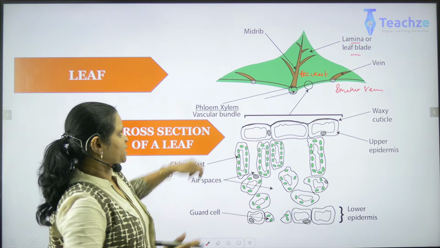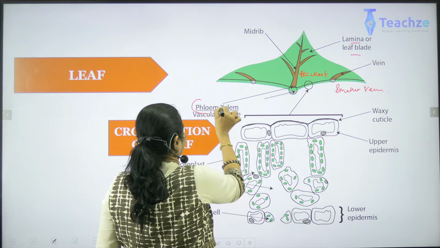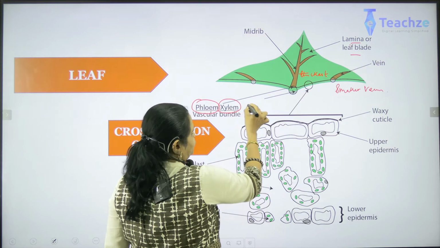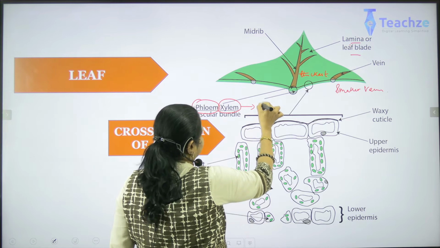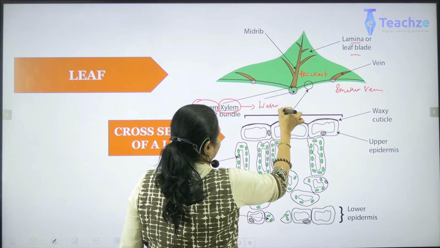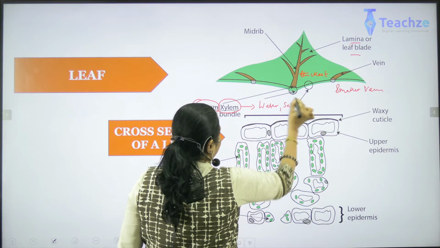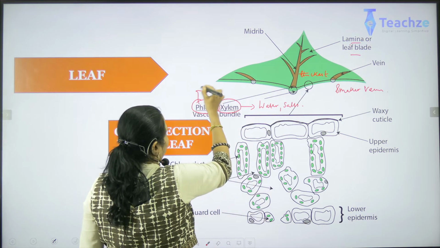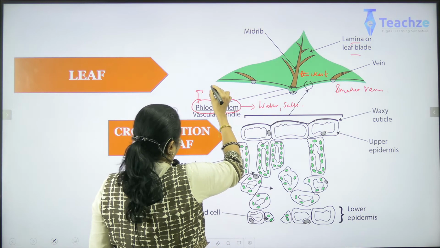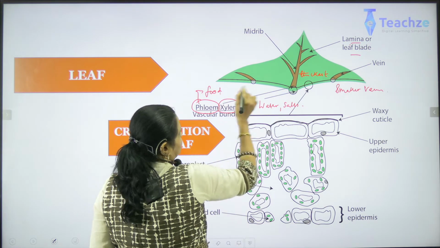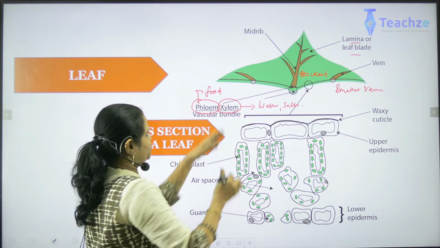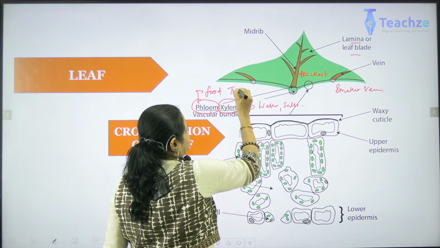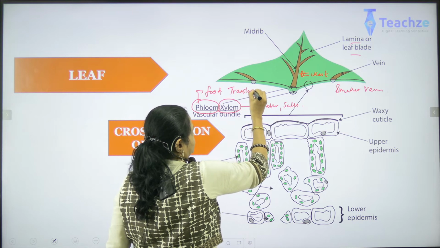Now, here we can see vascular bundles, that is phloem and xylem. We all know xylem helps in transportation of water and different kinds of salts, and the phloem is for transporting food which is prepared by the leaf. This process we can give the term translocation.